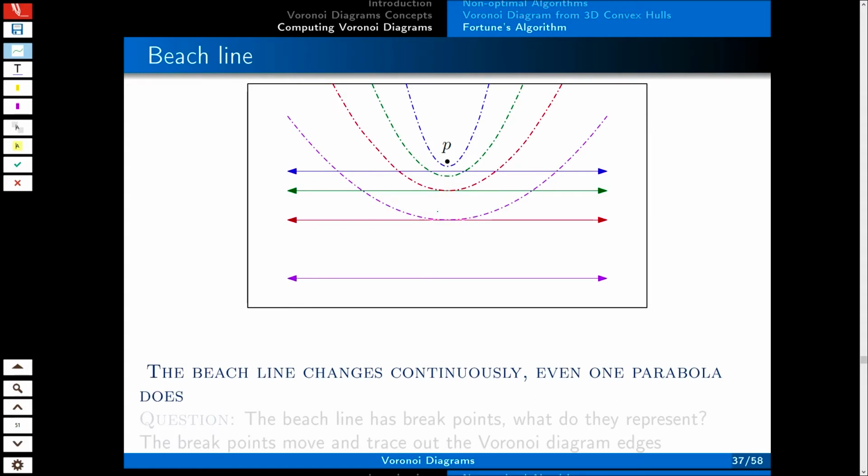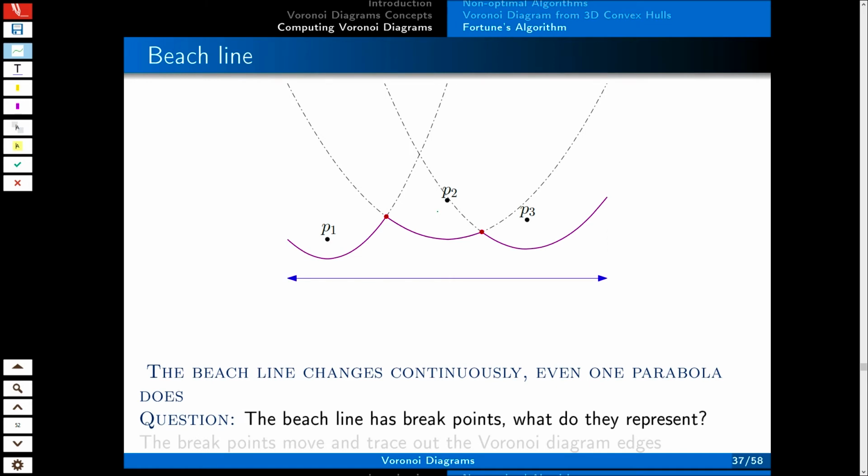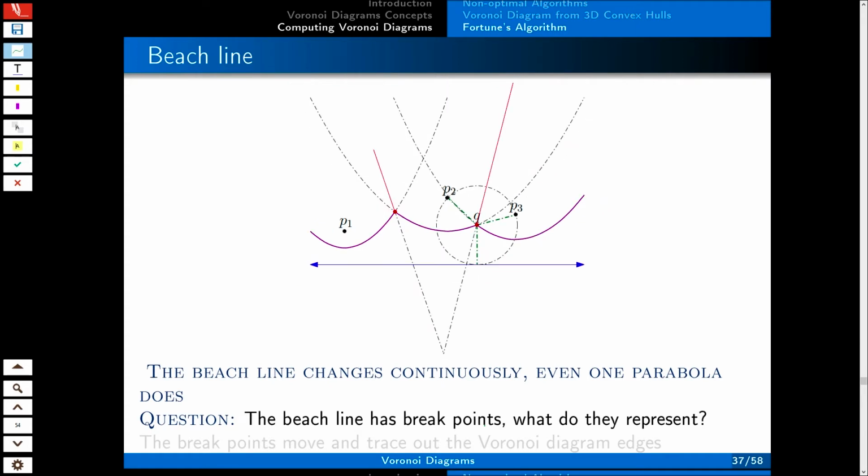So, this is how our beach line changes when the sweep line changes, and these red points are called break points. Okay? This is called break points. This is a reiteration of what I have told you just now.